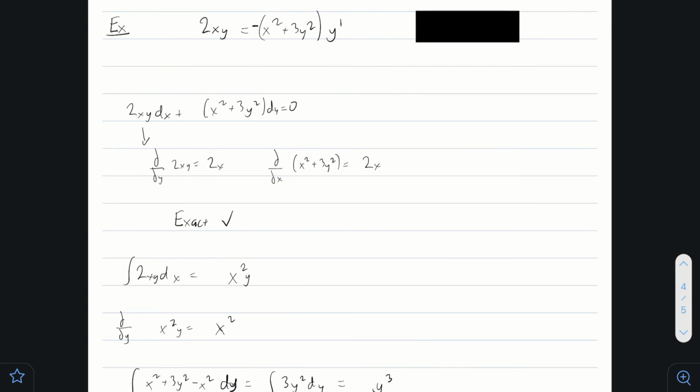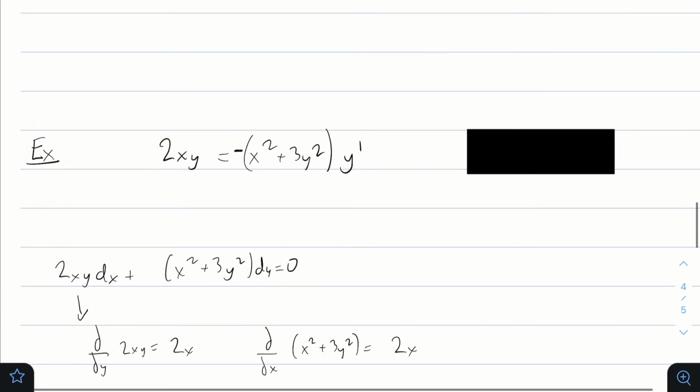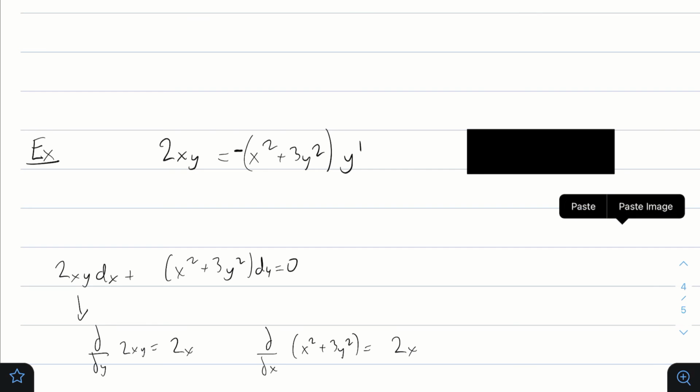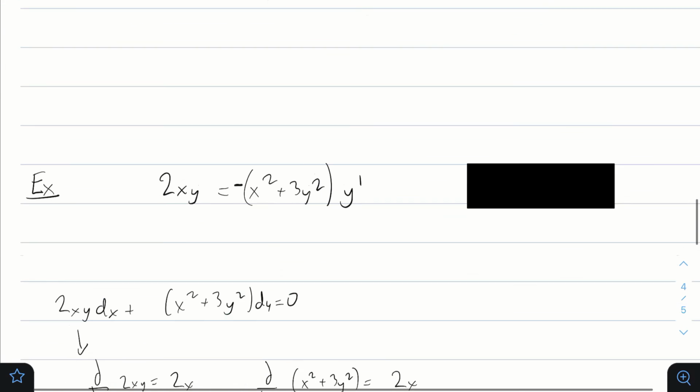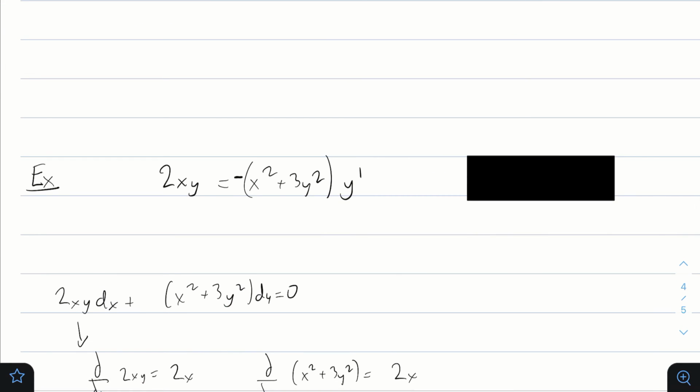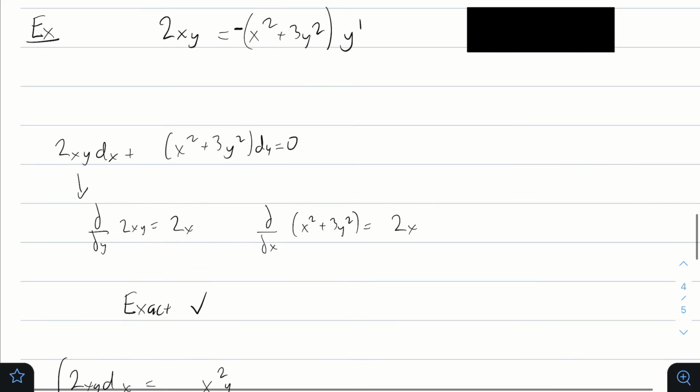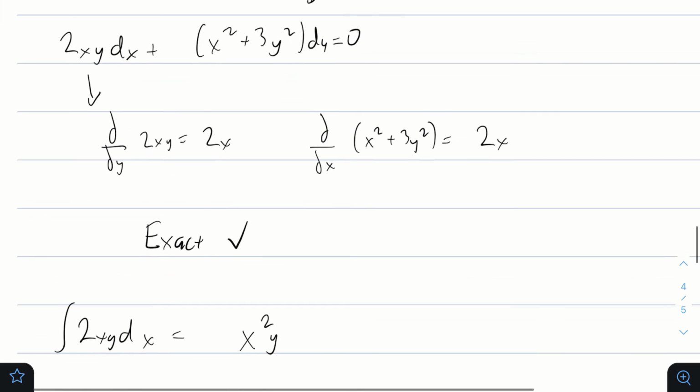Okay, we're just going to run through this one then. So we got 2xy equals negative x squared plus 3y squared times y prime. We want a 0 over here, so we just subtract that one over, and because I skipped steps, we're going to change that into dy dx and multiply everything by dx.